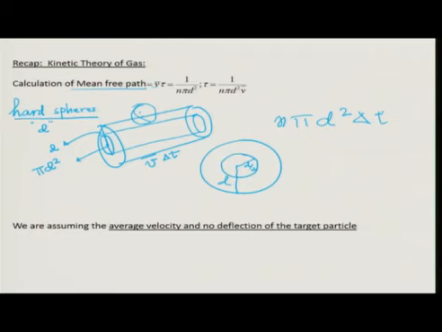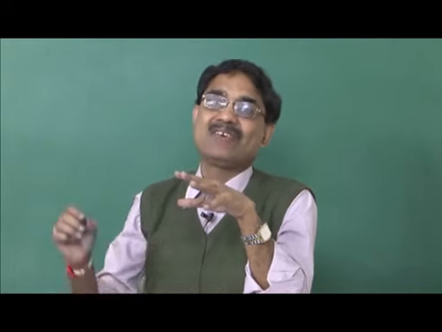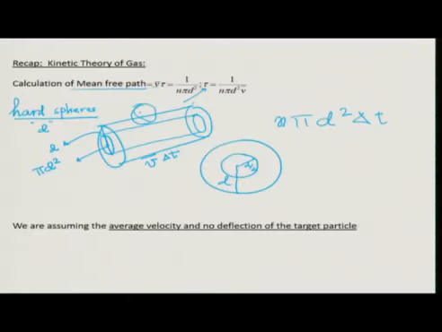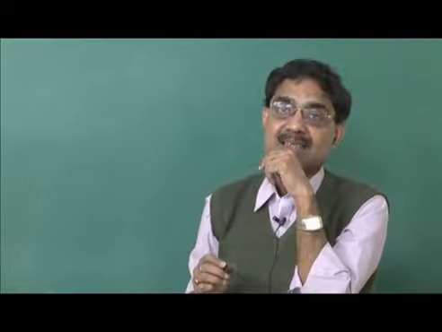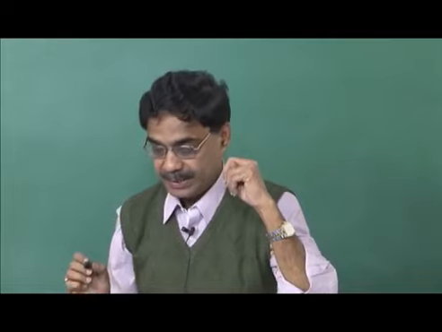From that, one can easily find out what is the time between two successive collisions and hence the mean free path, which has this form 1 by n pi d square. So, it is important that molecule has a finite size and that is taken into consideration while calculating this mean free path. Now, there could be many questions here.